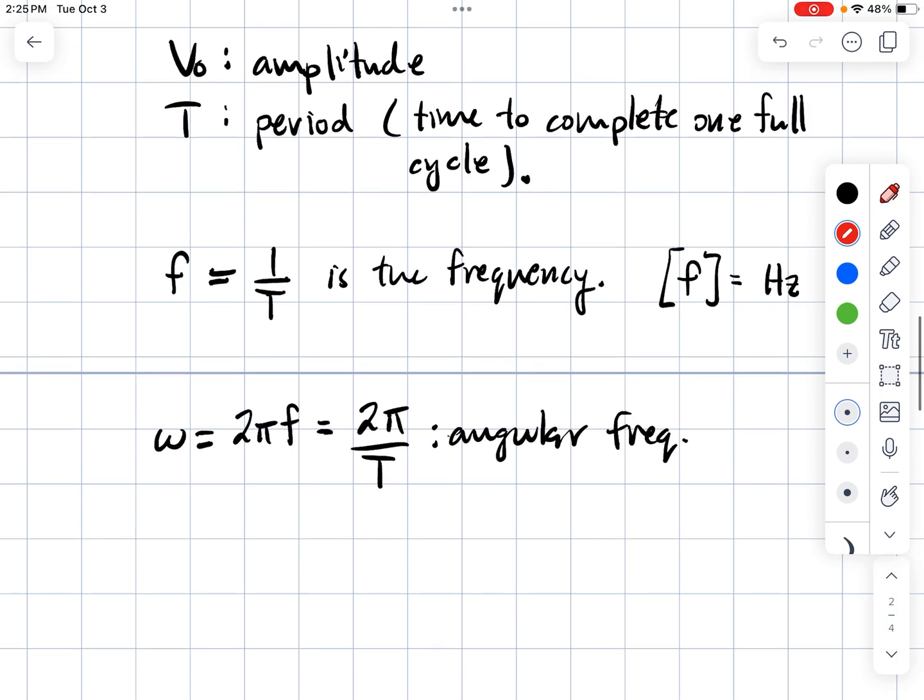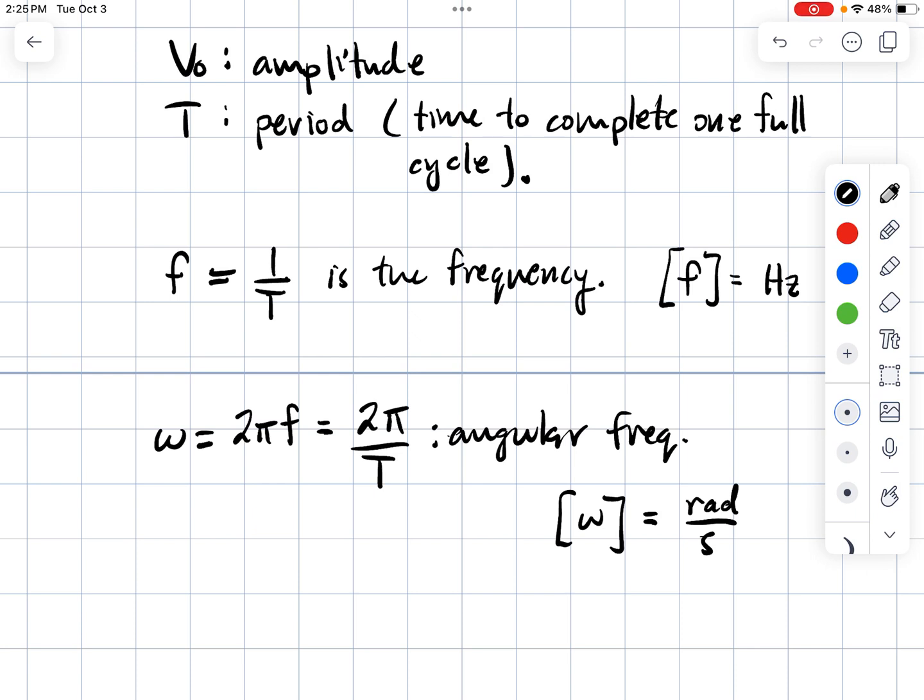So the units of angular frequency are 1 over seconds, from the inverse of the period or from the factor of f, and then 2 pi is measured in radians, and so this is measured in radians per second.